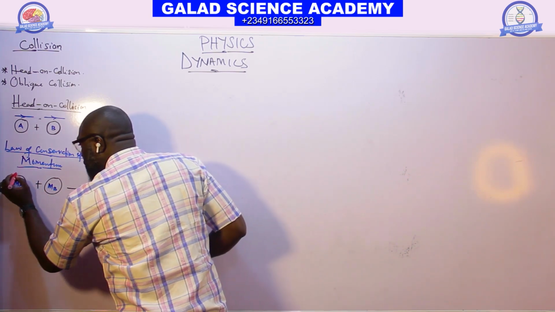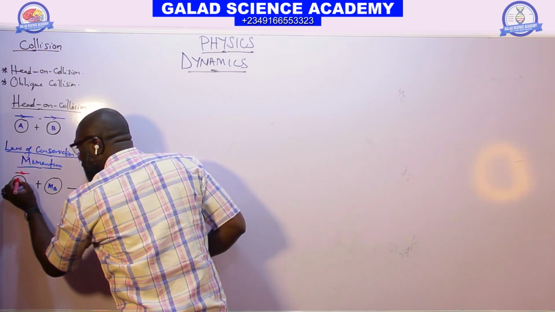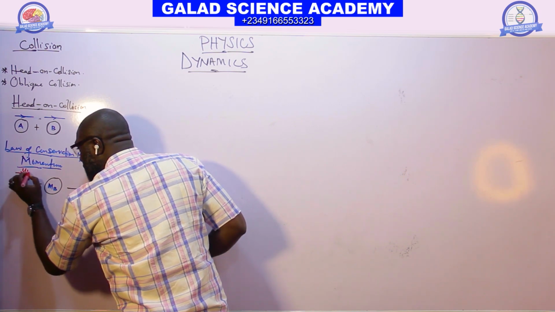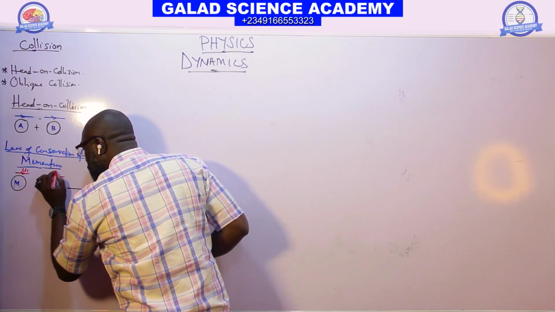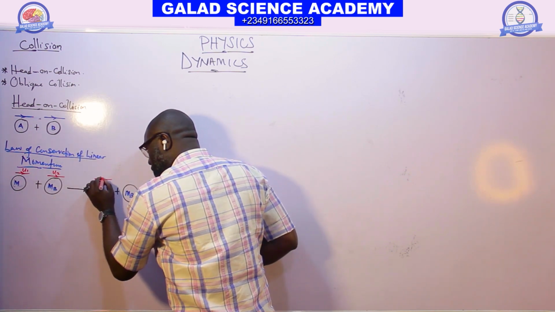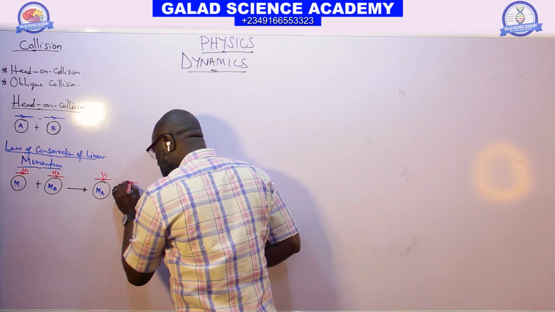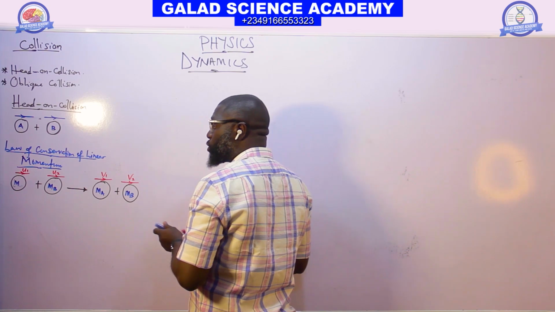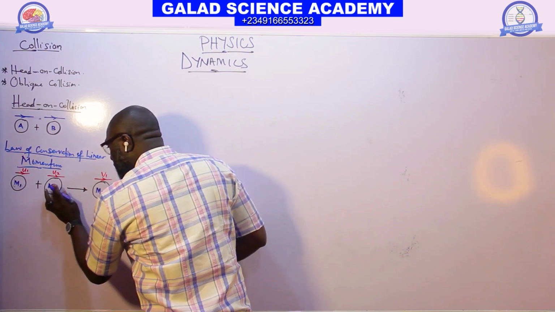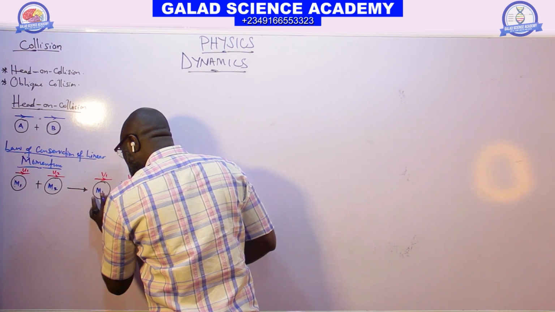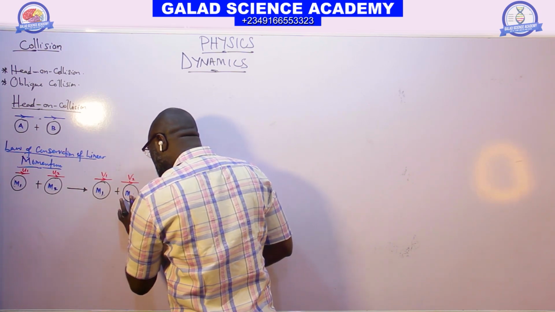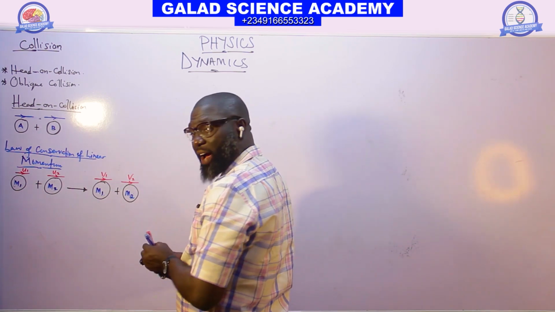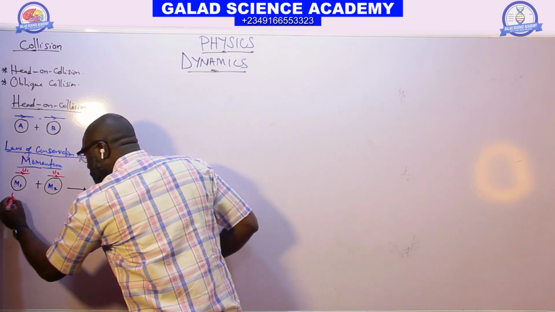Here we have the velocities U1 and U2, and after collision V1 and V2.